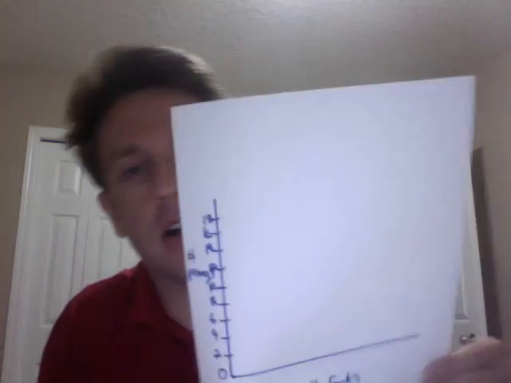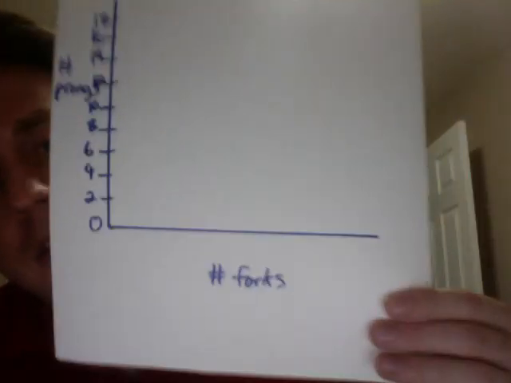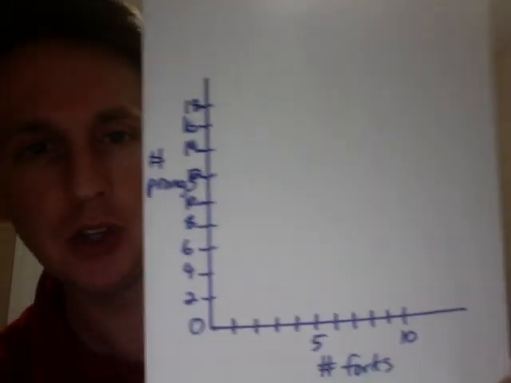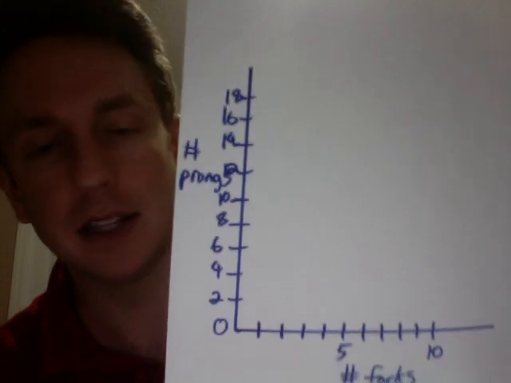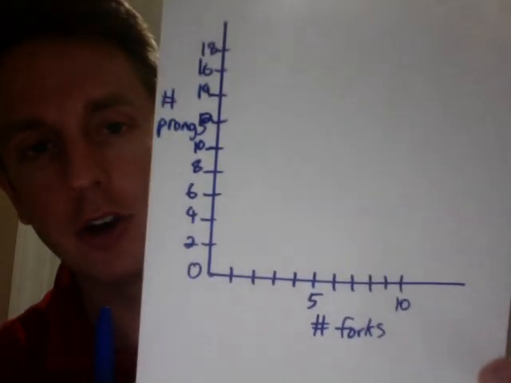Now our number of forks: because we're going up by 1, let's go up by 1 each time. 1, 2, 3, 4, 5, 6, 7, 8, 9, 10. That'll be more than enough, and I'm just going to label it every 5 spaces. You only have so much room to write numbers, and let's not get overcrowded in our writing.